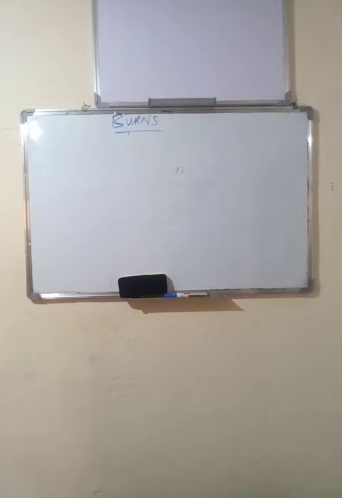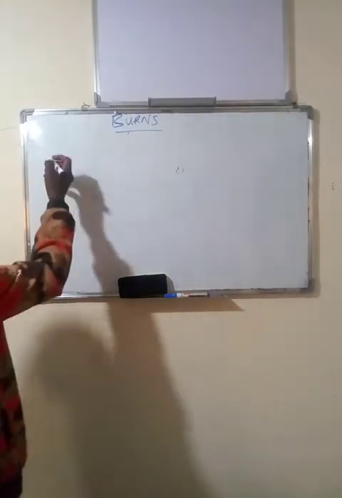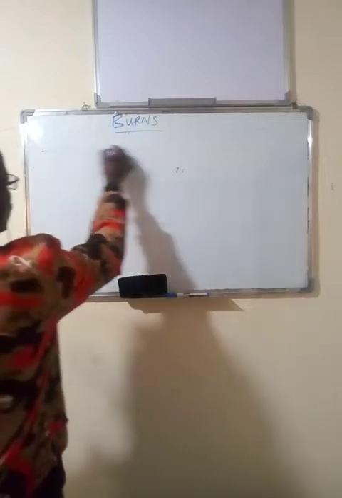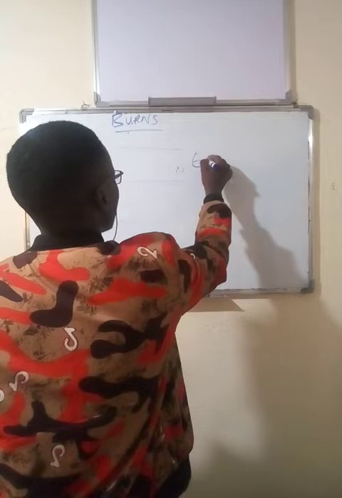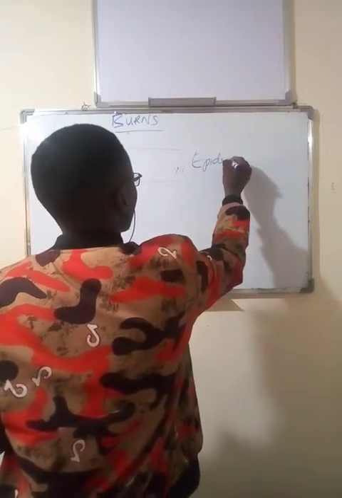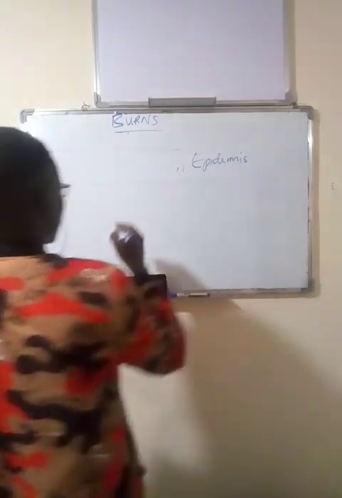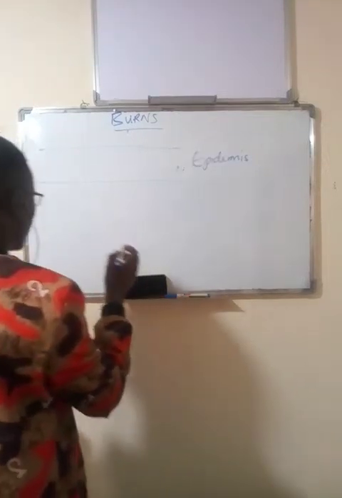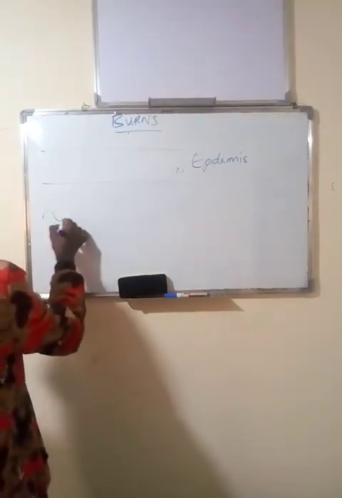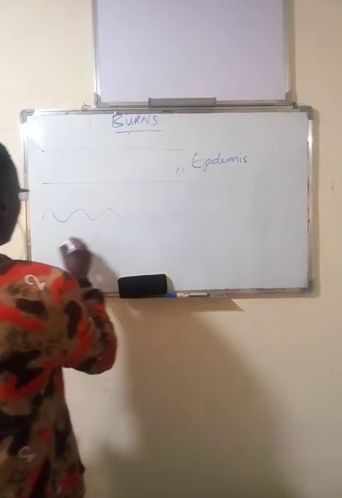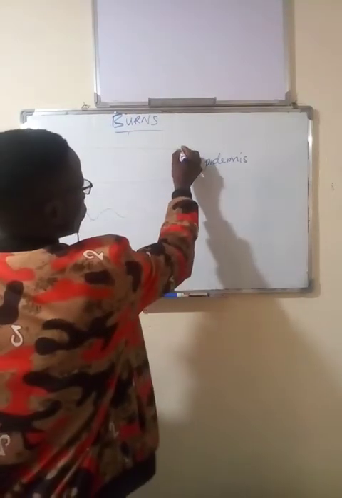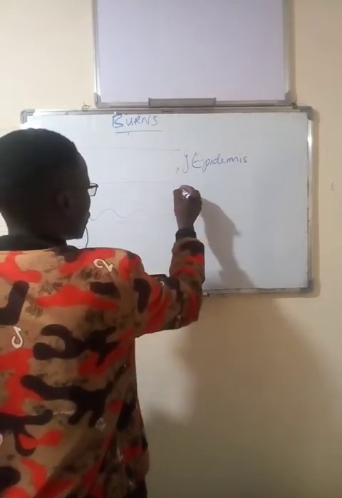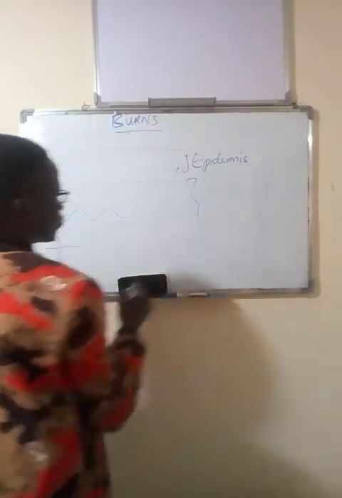Okay. So what I really wanted to hear is these layers. The first layer of the skin is the epidermis. Of course, it has several other layers, about five. And then this is the dermis.